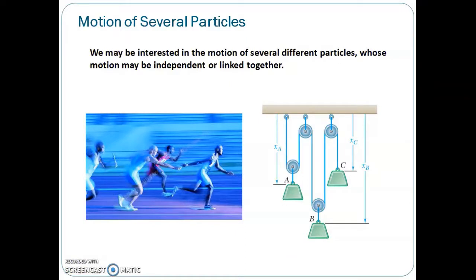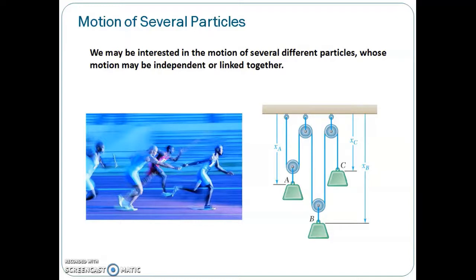Next, motion of several particles. We may also be interested in the motion of several different particles, whose motions may be independent or linked together. When several particles move independently along the same line, independent equations of motion can be written for each particle. Whenever possible, time should be recorded from the same initial instant for all particles, and the displacement should be measured from the same origin and in the same direction.